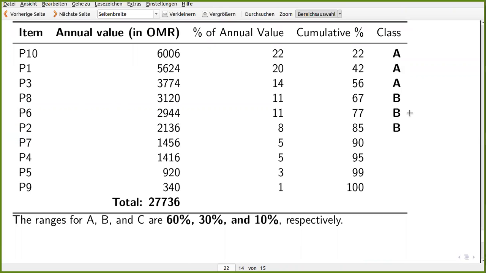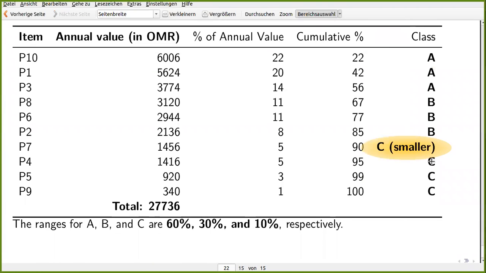I defined it in the following way, that everything that is smaller than 90% is in B. So the 60 is not included: everything that is smaller than 60 is in A, everything that is smaller than 90 is in B, and the rest is in C. So for this reason, P7 is not part of the group B, okay? Because it's exactly 90. And then the remaining products, P7, P4, P5, and P9, they are in our class C.